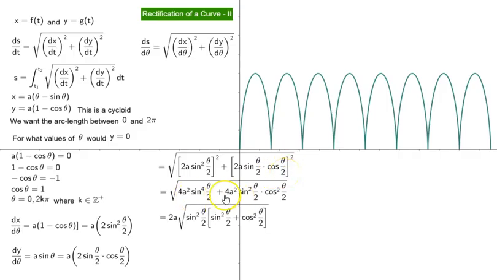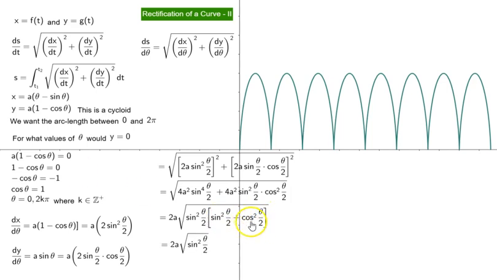Now 4a square is common to both the terms. We take it out of the square root. So it becomes 2a times square root of, now sine square theta by 2 and sine square theta by 2 is common. So we take it out. So sine square theta by 2 times sine square theta by 2 plus cos square theta by 2 we have.